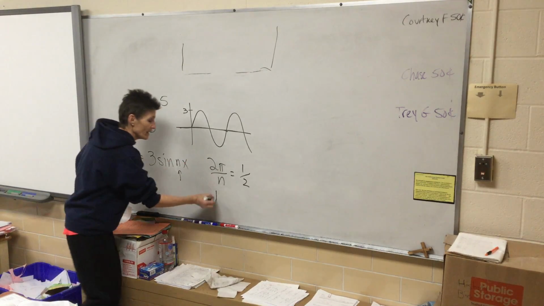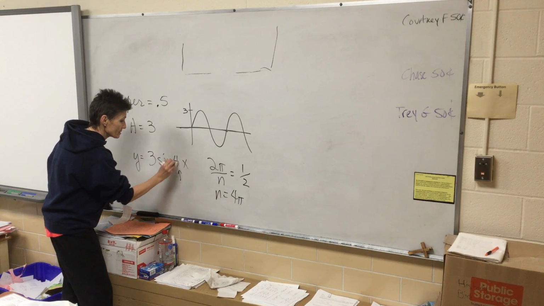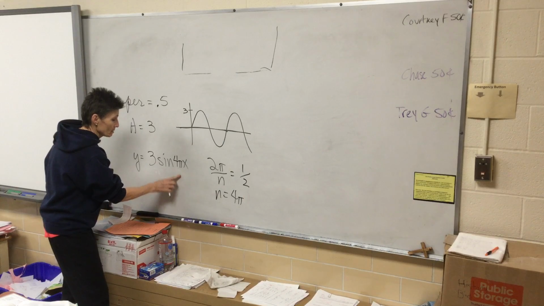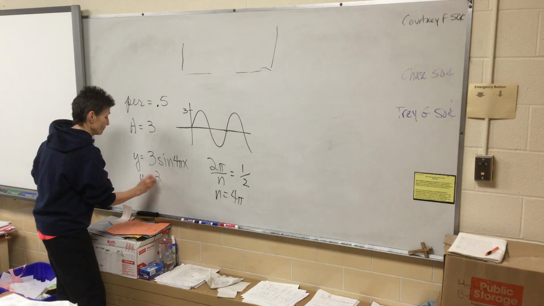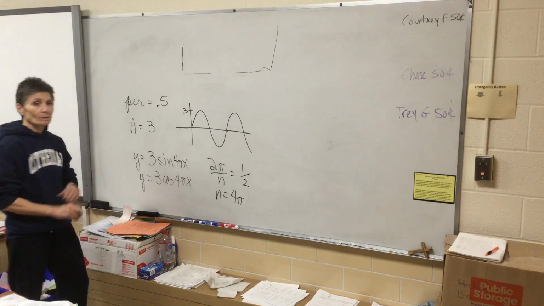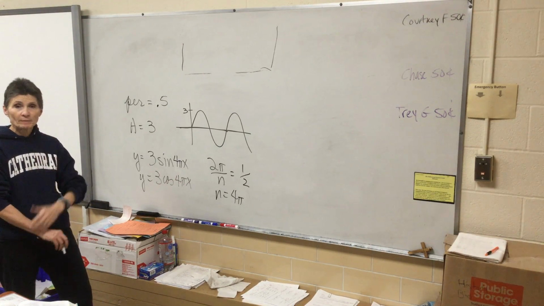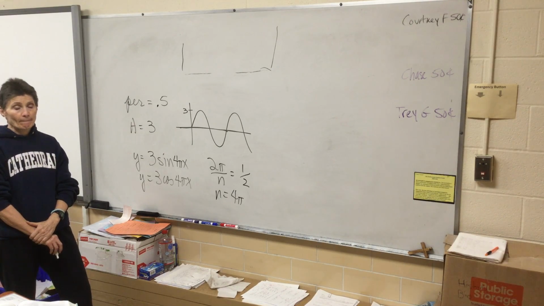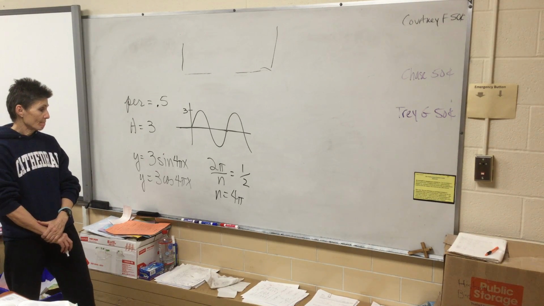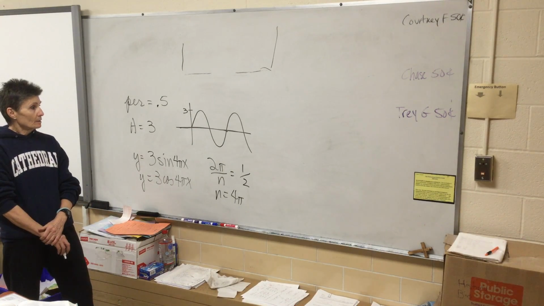So solving, n equals 4 pi. So my equation is y = 3 sin(4πx). This one might actually be better. No, I guess it doesn't matter.